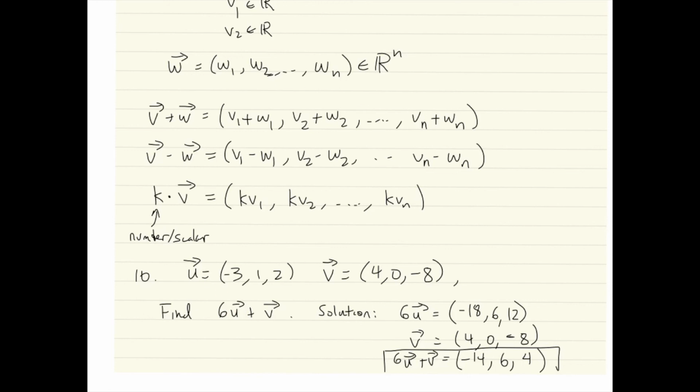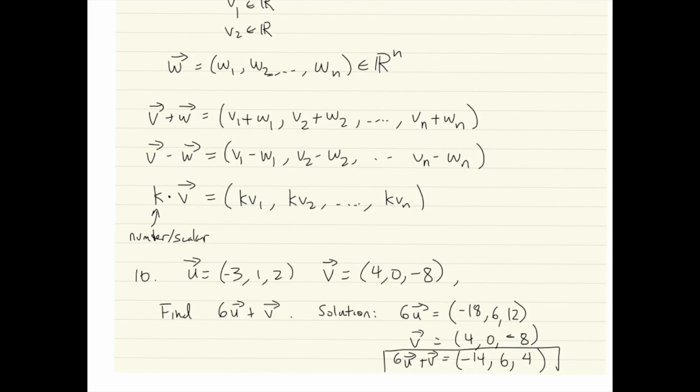So here's what u is. 6u then is multiply each of these numbers by 6. That's exactly this definition here of scalar multiplication. Multiply each of the components by, in this case, our value of k is 6. So 6 times -3 is -18, 6 times 1 is 6, 6 times 2 is 12. Okay, then v, let's just copy that down here.